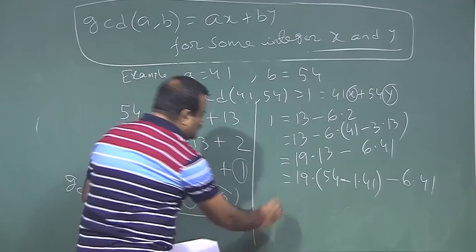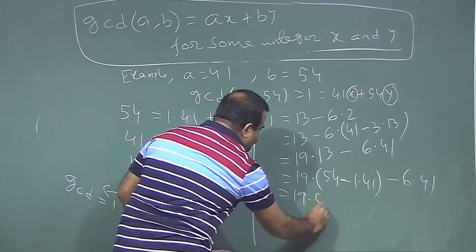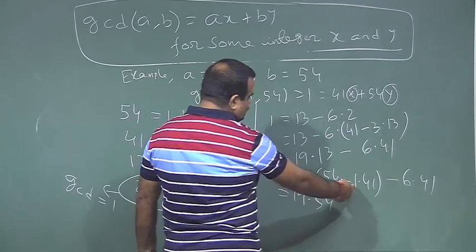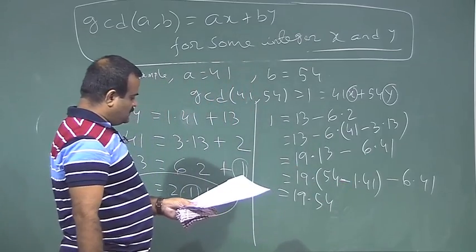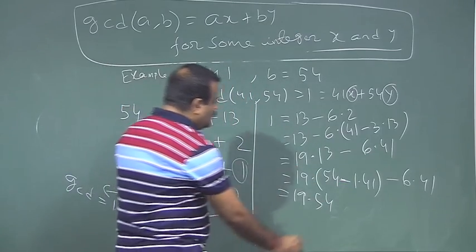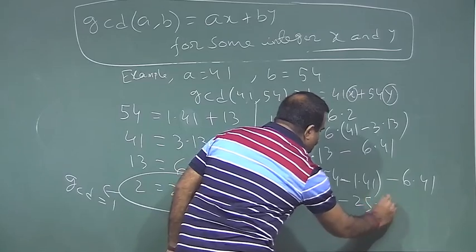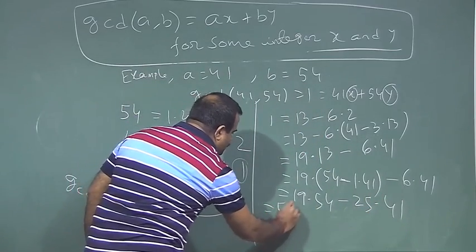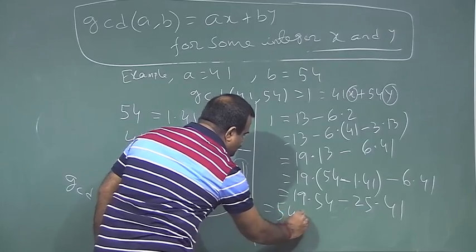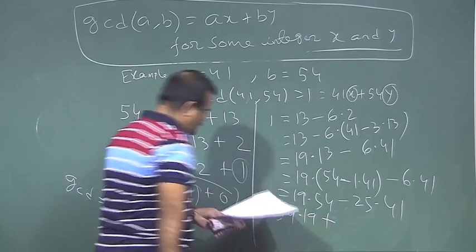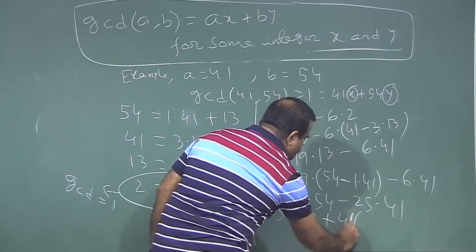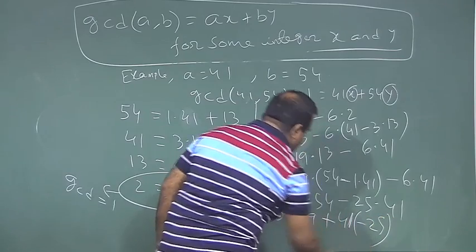So, this is basically 19 into 54, and this is minus 19 and minus 6. So, this is basically minus 25 into 41. So, this is basically 54 into 19 plus 41 into minus 25.